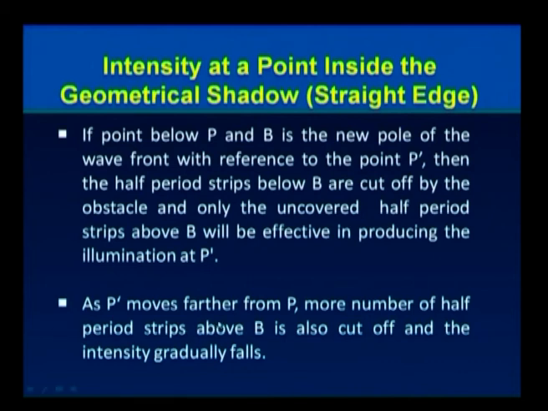As P prime moves farther away from P, more number of period strips above B is cut off, and the intensity gradually falls. Because the intensity falls off, thereafter there will be uniform light. I showed you the intensity variation.